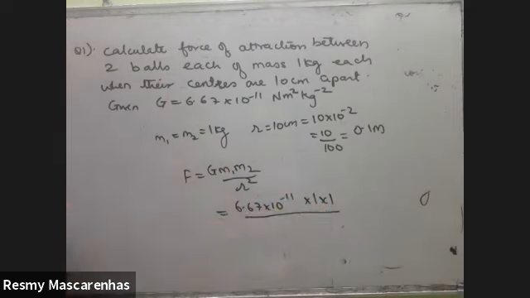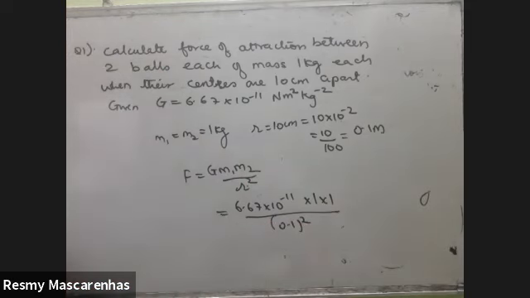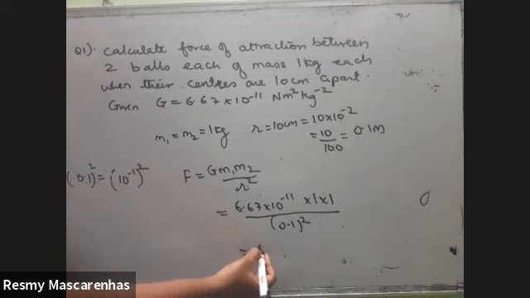Both masses are 1 kg, over 0.1 square. 0.1 means 10 raised to minus 1, so squared this gives 10 raised to minus 2.